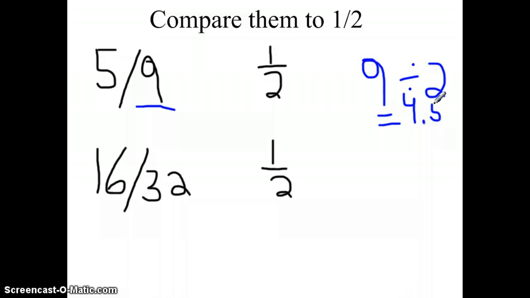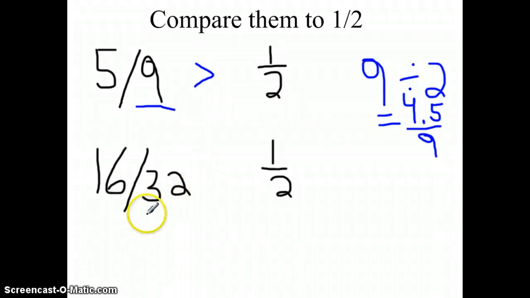So if we wanted to use the denominator 9, in order for it to be equal to 1/2, it would have to be 4.5 over 9. So this is actually bigger than 1/2, so we're going to say 5/9 is greater than 1/2.